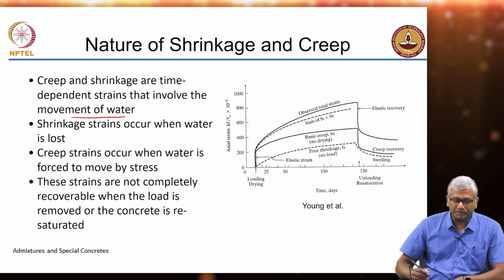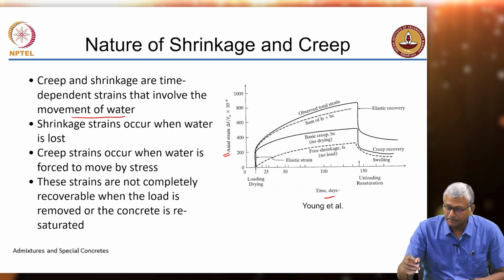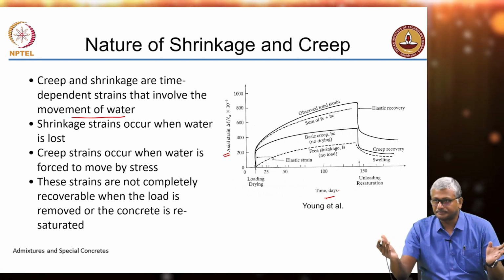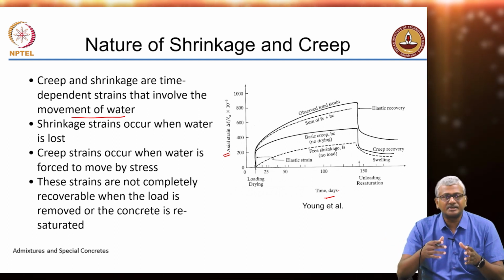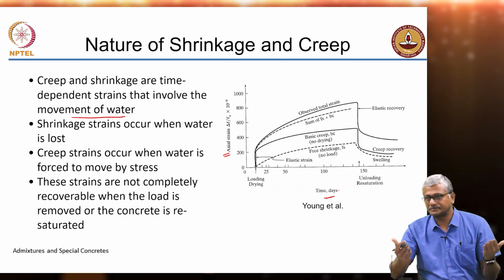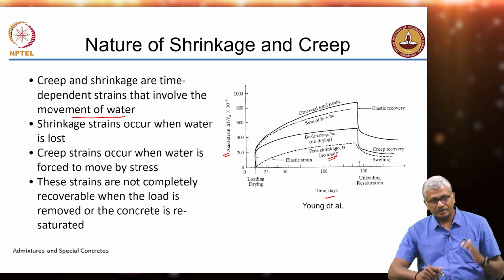So, if you take a typical axial strain versus time relationship for concrete, assuming you have a concrete column which is not subjected to any load, right. The water inside which is free now wants to come out, it wants to start drying, right. So, there is free shrinkage in the case of drying, okay. It is slowly drying out.